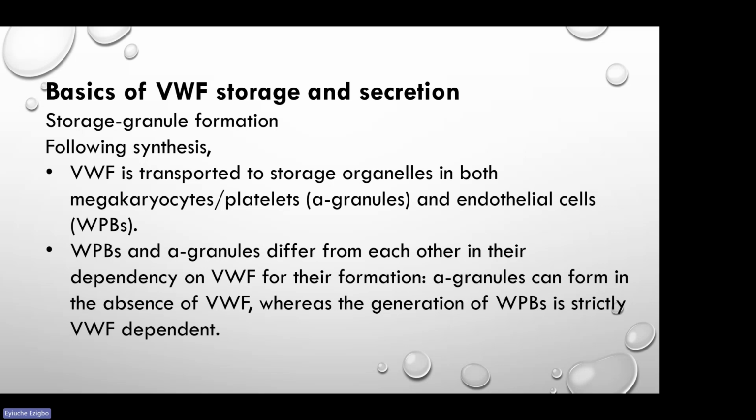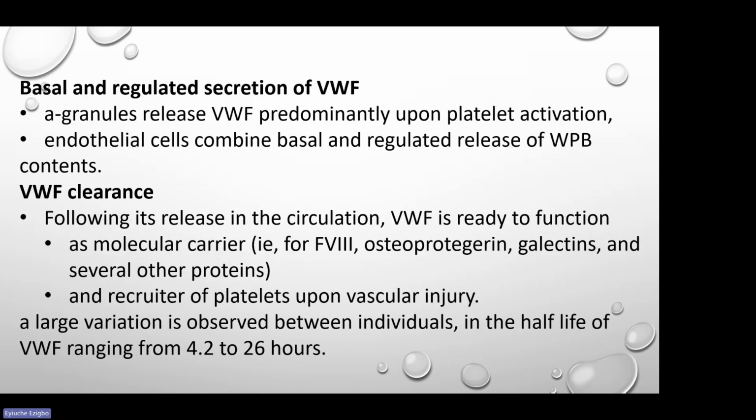Alpha granules can form in the absence of von Willebrand factor, whereas the generation of Weibel-Palade bodies is strictly von Willebrand factor dependent. So that's more reason why von Willebrand factor is stored in these structures.